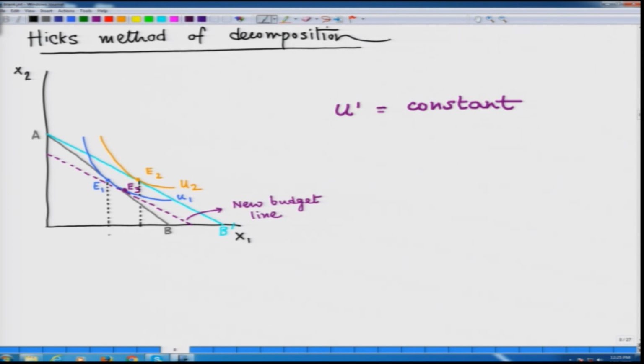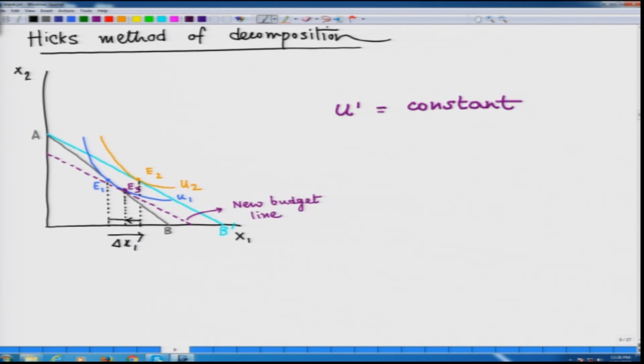Due to a fall in price of commodity 1, the consumer increases consumption of commodity 1 by delta x amount, but note that if we take out some money from consumer's wallet as we want to compensate him or her, then the consumer finds a new equilibrium at E3, and that will lead to a reduction in consumption.